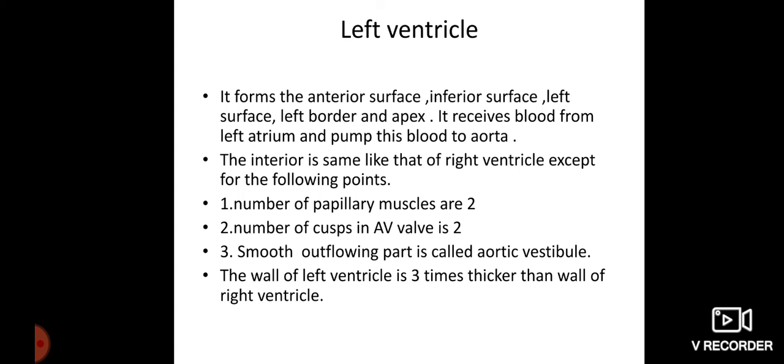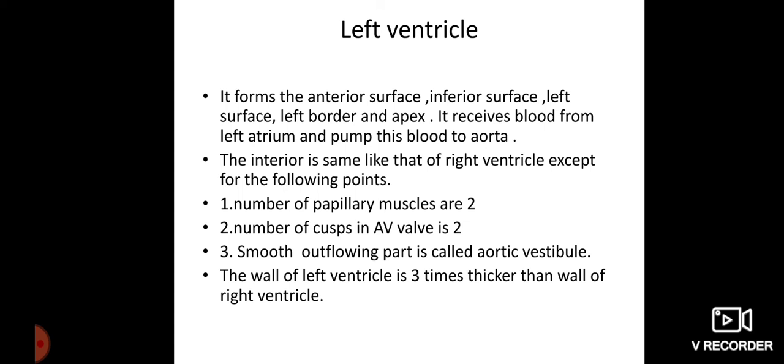Then the wall of the left ventricle is 3 times thicker than the right ventricle, because the left ventricle is the pumping area of the heart that has to pump very strongly to push the blood from the left ventricle to the aorta to reach the different parts of the body.